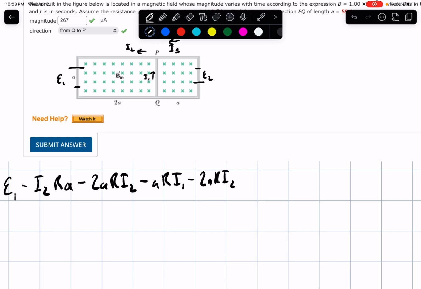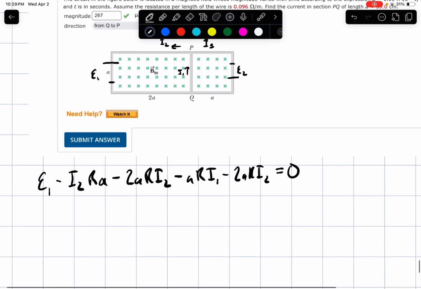And because this is the loop rule, you will end that with equals 0, because in the loop rule, once the voltage going through reaches its starting point, the total will be 0. So that was the first one.